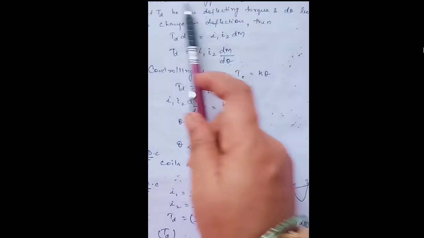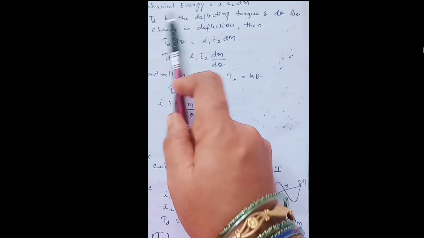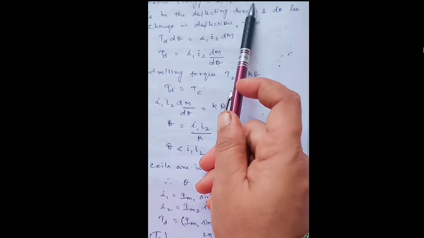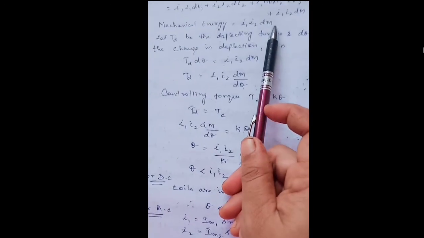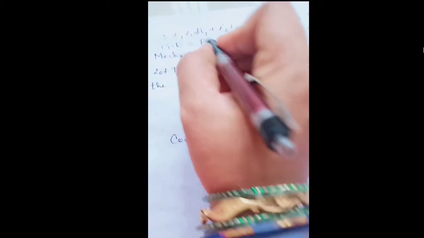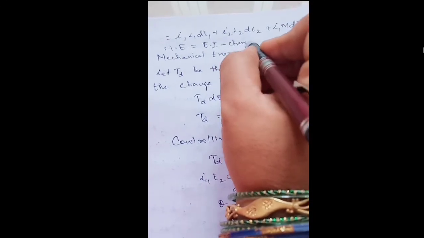So when we simplify this entire equation, we get the mechanical energy as I1 I2 dM. So the mechanical energy equals the electrical input minus the change in stored energy.